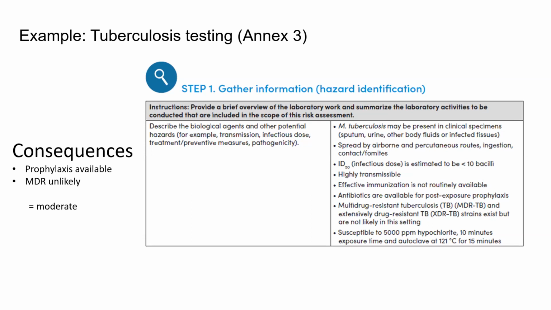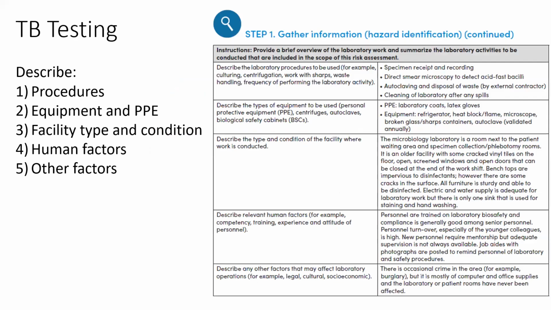There's immunization, but it's not routinely available. And antibiotics are available. Good thing. And MDR, or multi-drug resistance, is not expected to be seen in this laboratory. And then we know it's susceptible to bleach.